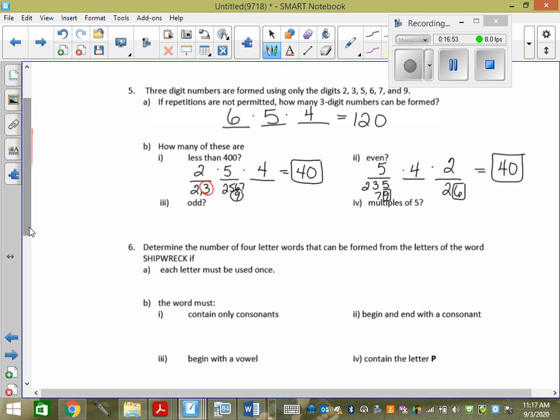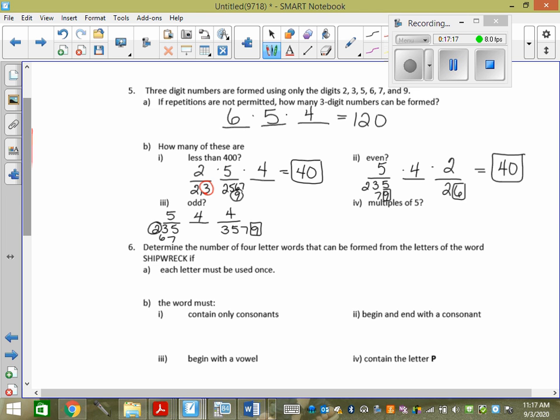Then odds, I have 3, 5, 7, 9. So I have 4. If I hold the 9, then I would have 2, 3, 5, 6, 7. So I would have 5.